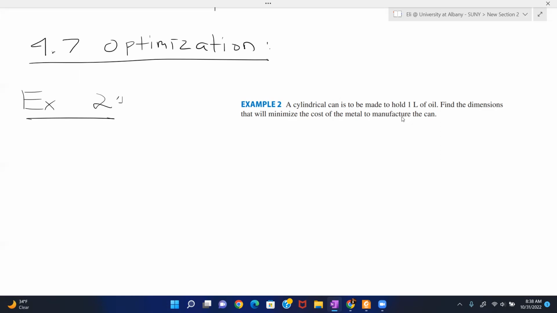More so, we care about how much of the material we're using, because cost and material used are in a sense proportional in some way. So we just need to know what's the best way of assembling the cylinder that uses the least amount of metal and still allows it to hold 1 liter. Of course, this is our constraint. It's very important that we have this constraint.